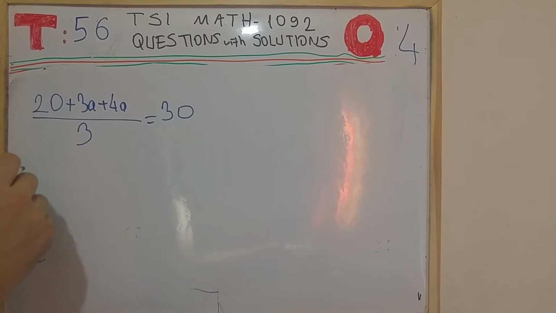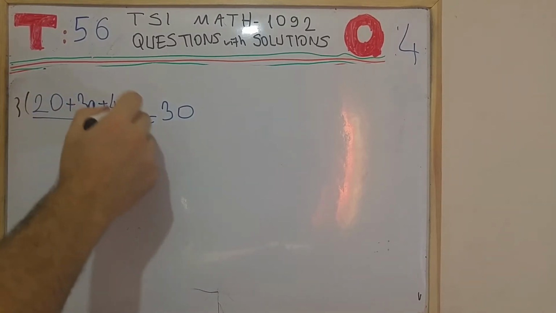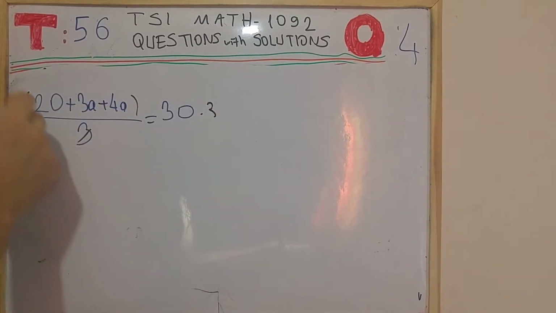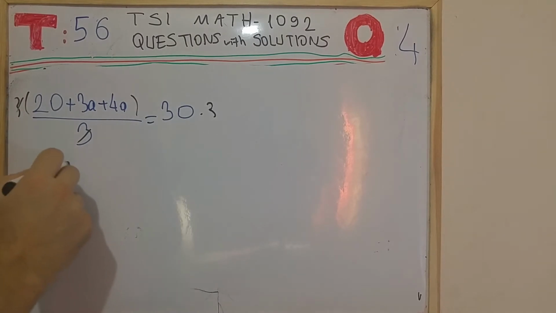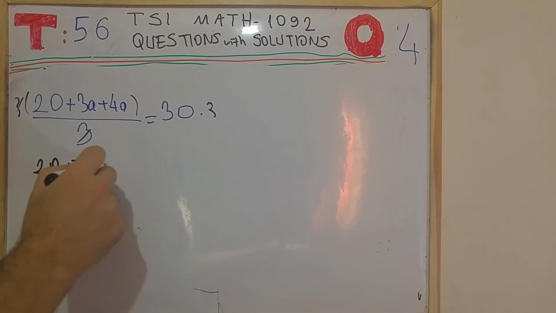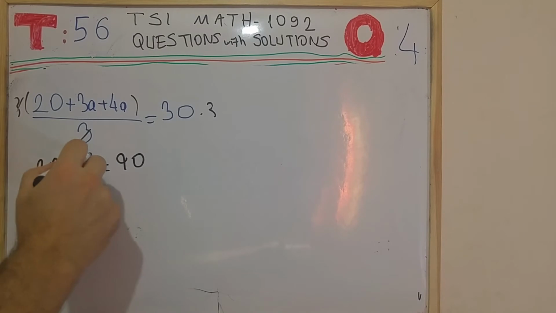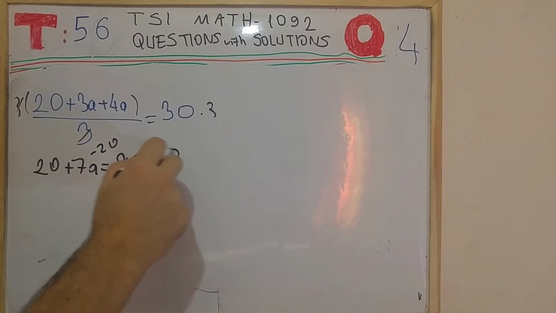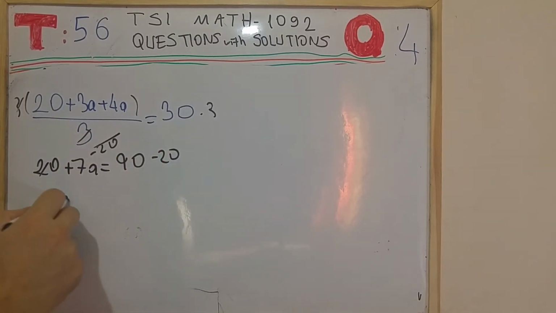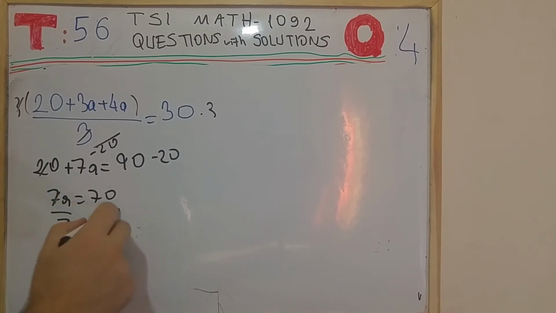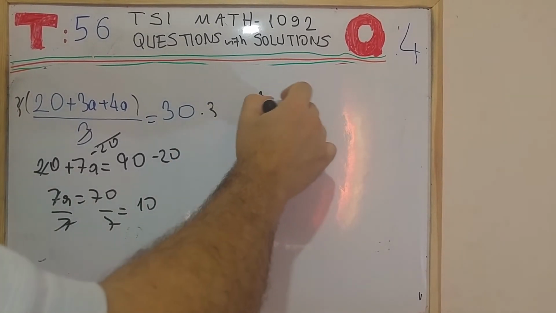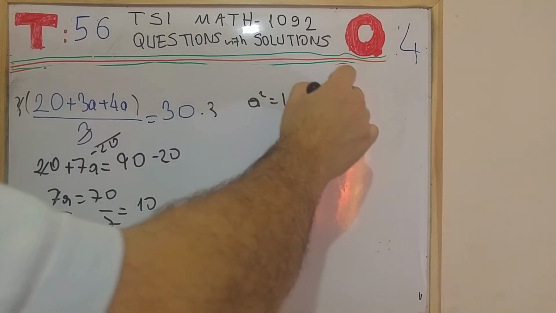When I multiply each side by 3, what I have is 20 plus 7a is equal to 90. When I subtract 20 from each side, what I have is 7a is equal to 70. Dividing each side by 7, a is equal to 10. And they're asking me a square. This is equal to 10 square, which is equal to 100.